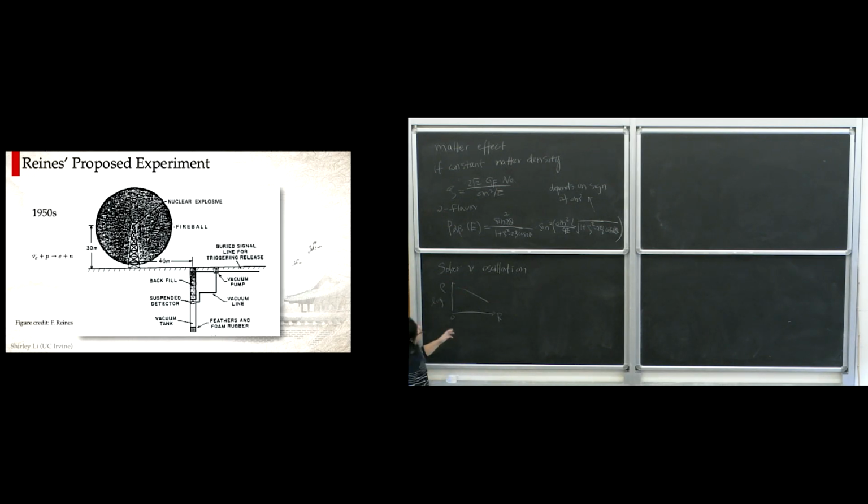Which means this constant matter density definitely is not a good assumption. So to actually solve neutrino oscillation in the sun, the actual numerical equation is too complicated, so we'll just see this schematically.